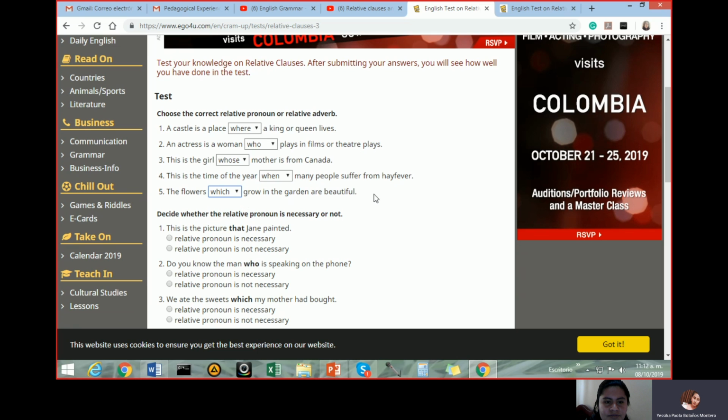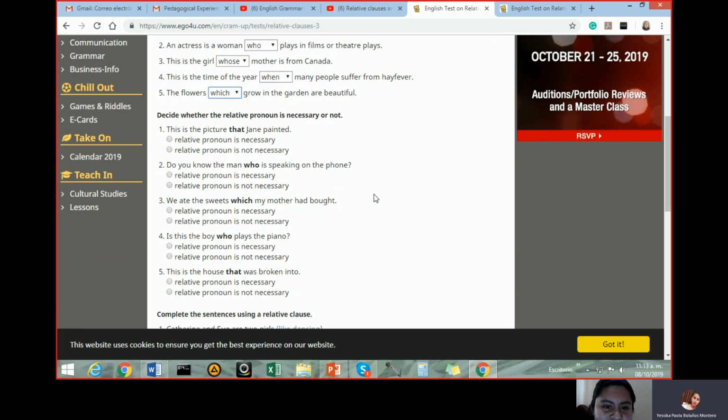Yes, very good. The fourth: este es el tiempo del año cuando mucha gente sufre de... in this case we can apply "hay fever" as fiebre. Okay. Now with the fifth: las flores, las cuales crecen en el jardín, son bonitas. Yes, very good.